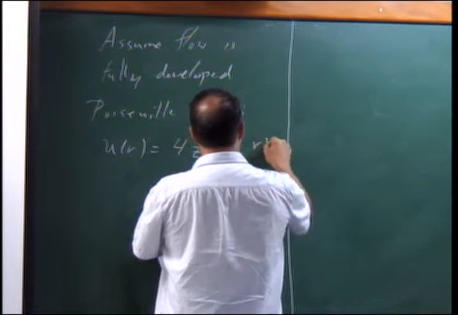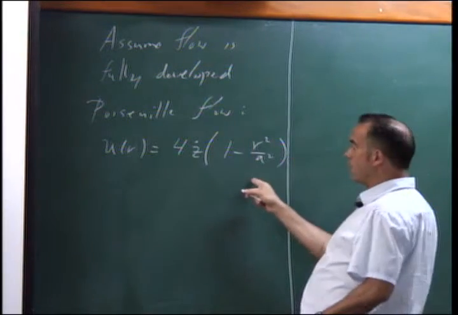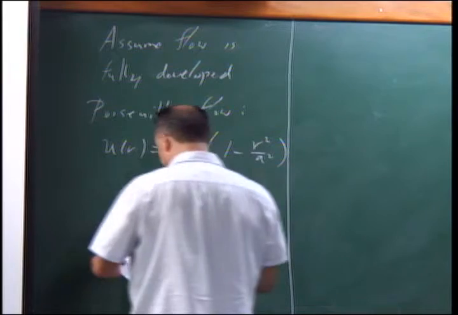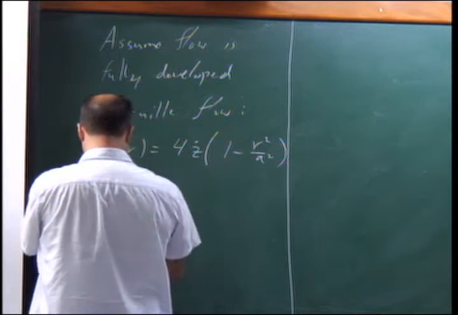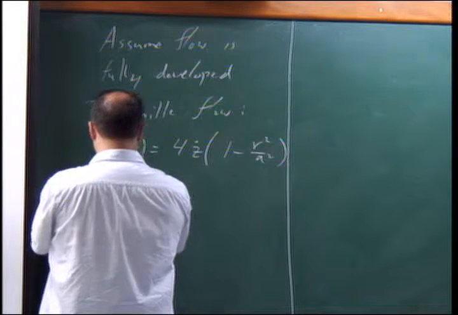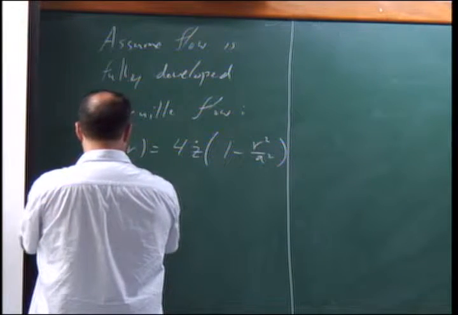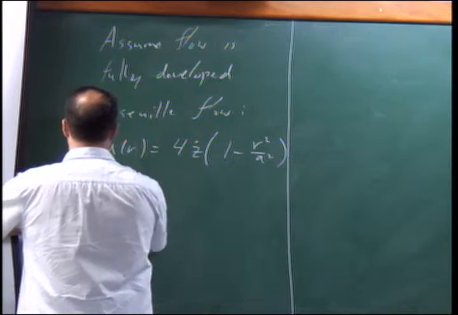So it's parabolic, looks like this. So it basically goes to 0 on the walls. So the stress on the wall. Okay, so this gives the right flux.